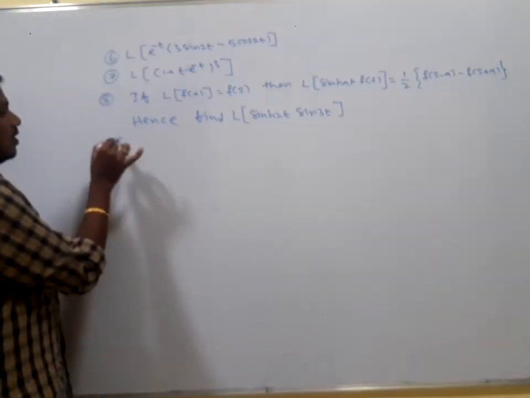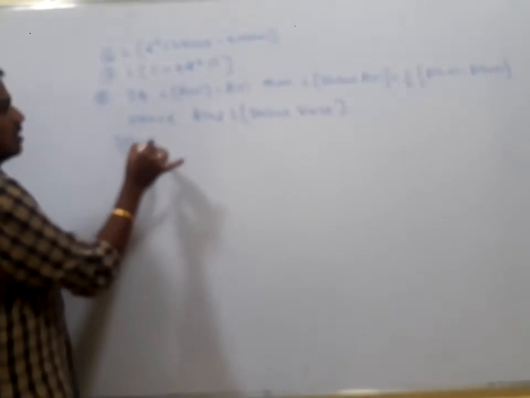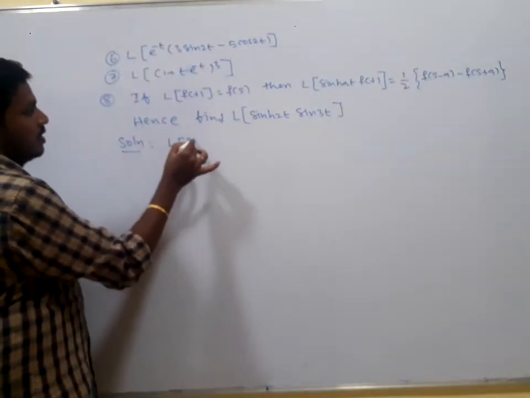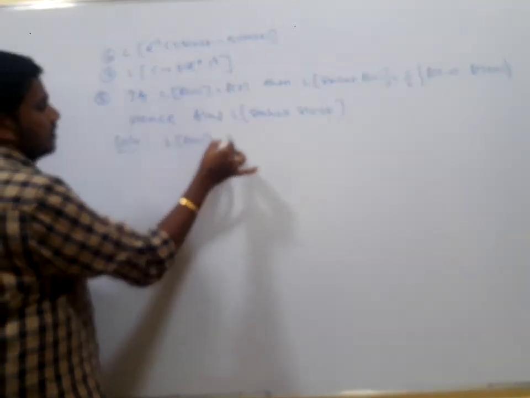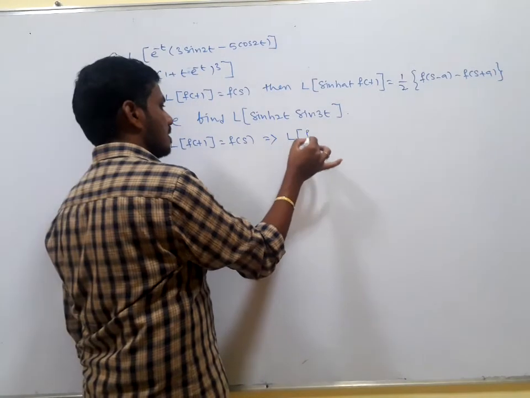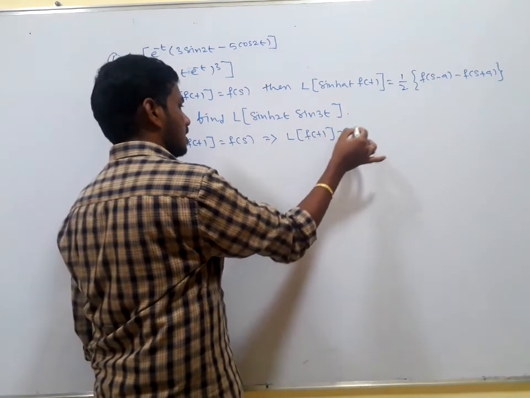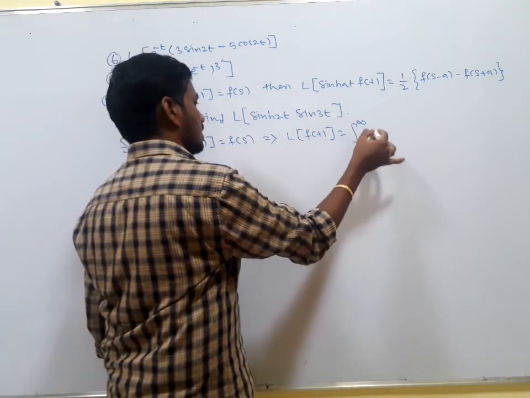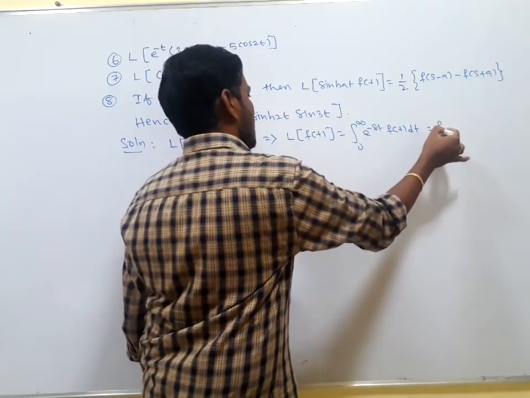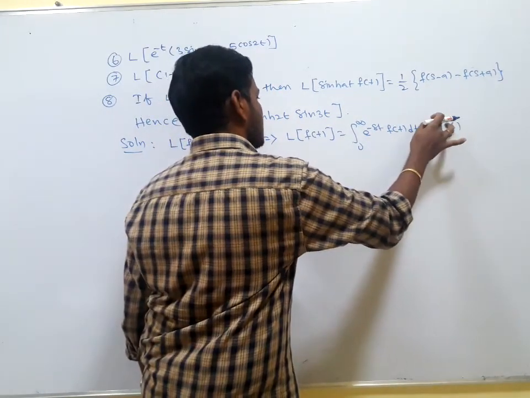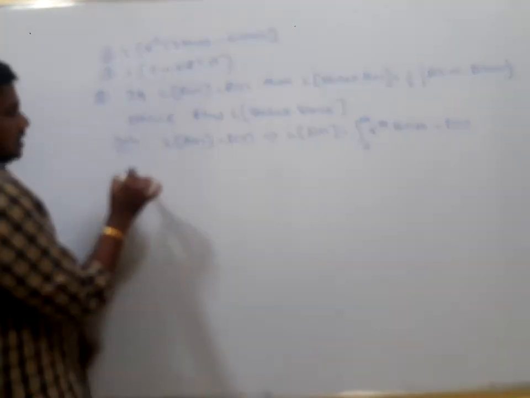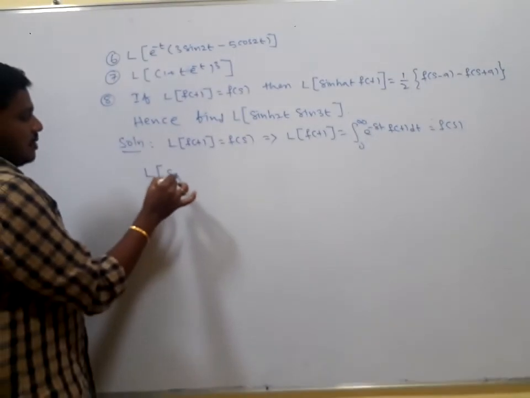Right. Now coming to the solution, as given that Laplace transform of f of t is equal to f bar of s, that is nothing but from the definition, Laplace transform of f of t is equal to integral 0 to infinity e to the power of minus st f of t dt, which is the same as f of s or f bar of s. Now I am going to take Laplace transform of sin hat f of t.